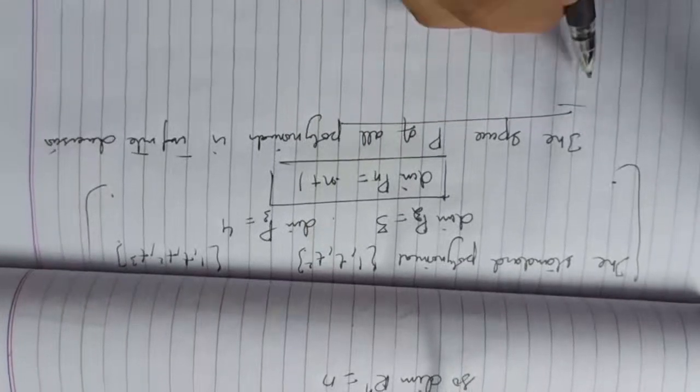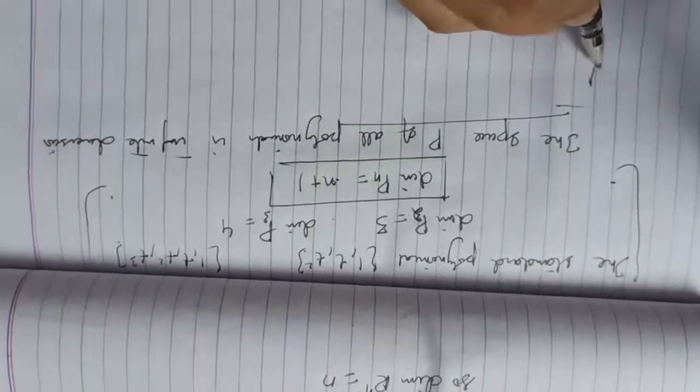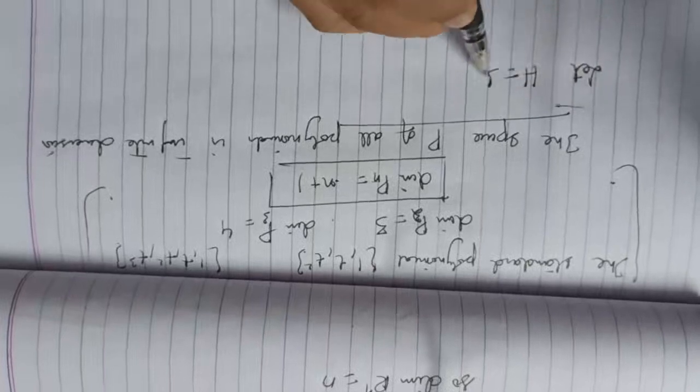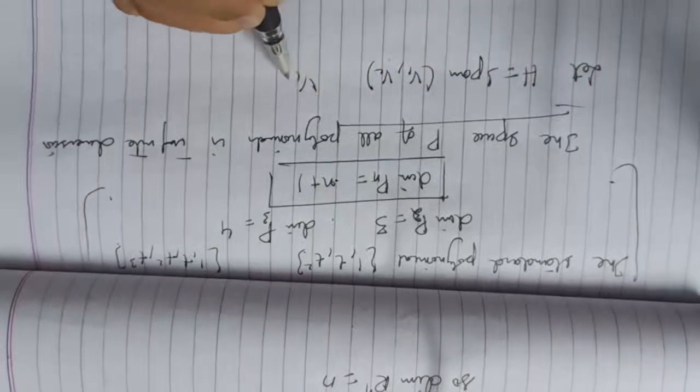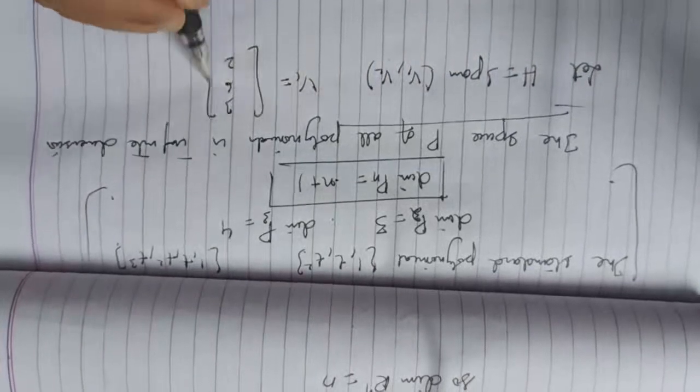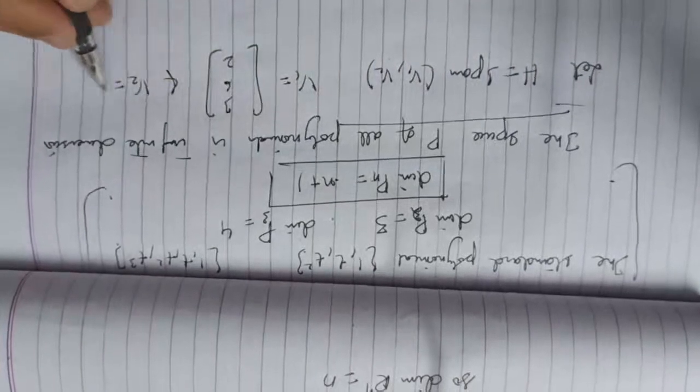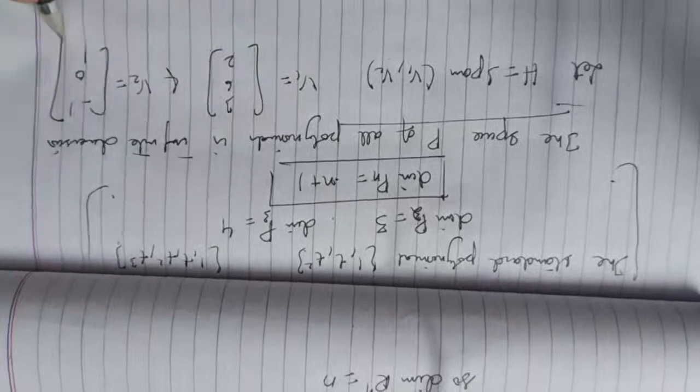Similarly, let H be the span of v1 and v2, where v1 equals (3, 6, 2) and v2 equals (-1, 0, 1).